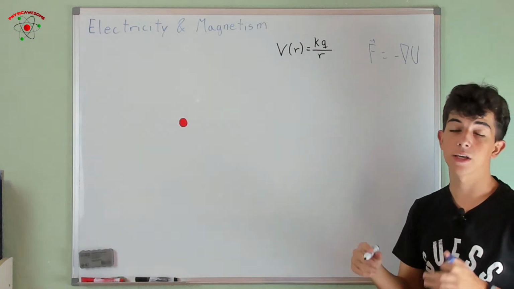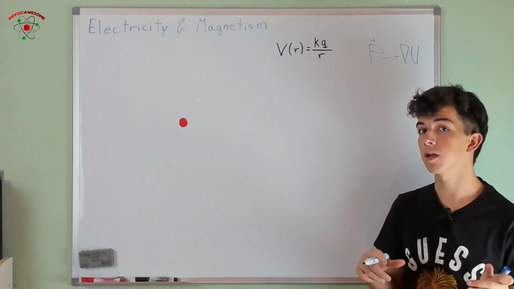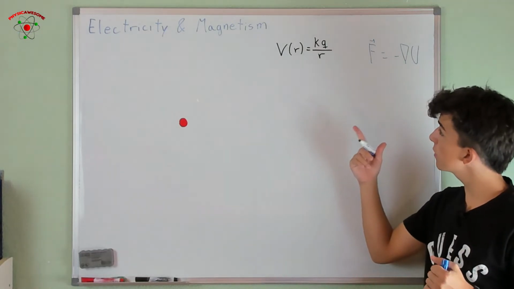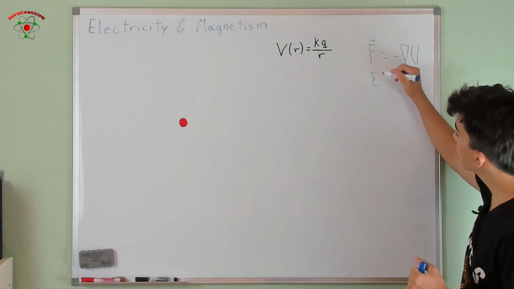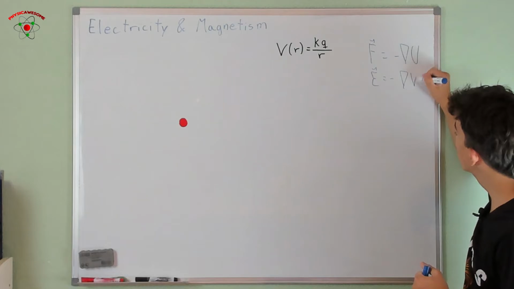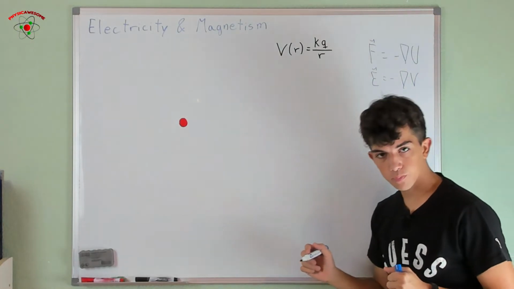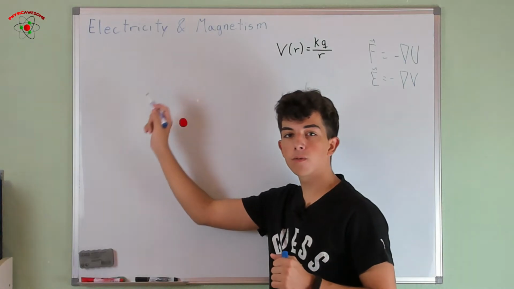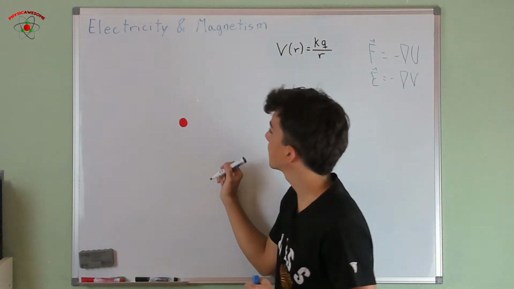And there is something pretty similar that happens with electric field and the electric potential. We find that the electric field equals minus the gradient of the electric potential.